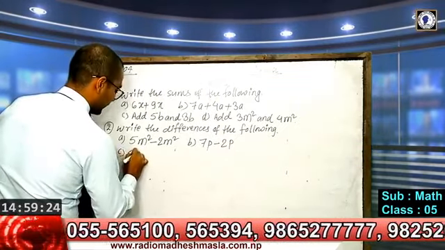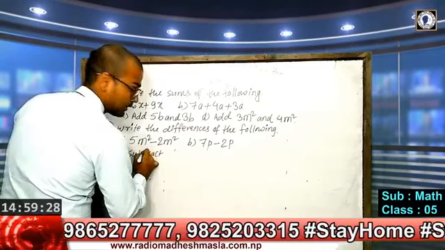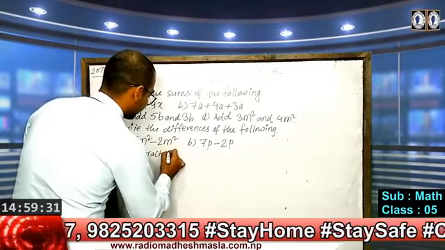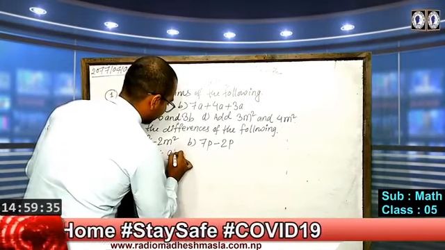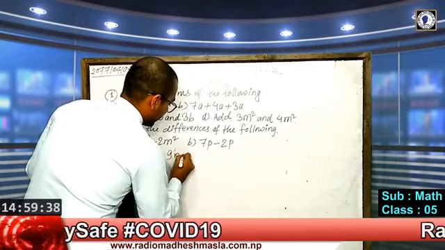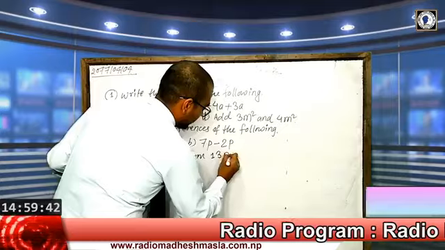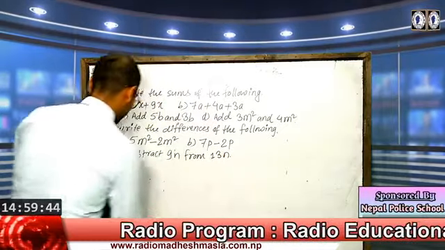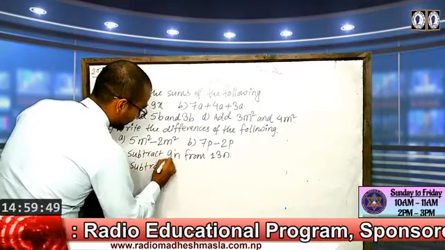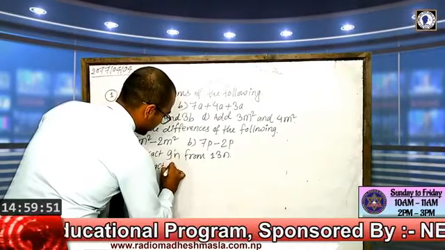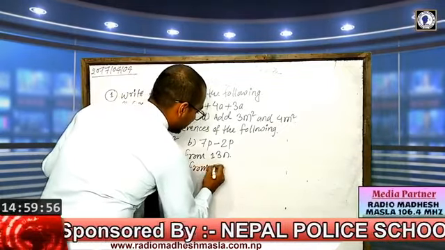C, subtract 9n from 13n. Question number D, subtract 13q from 15q.